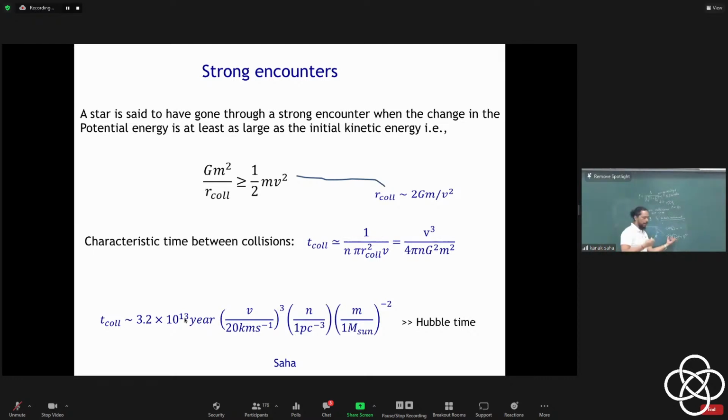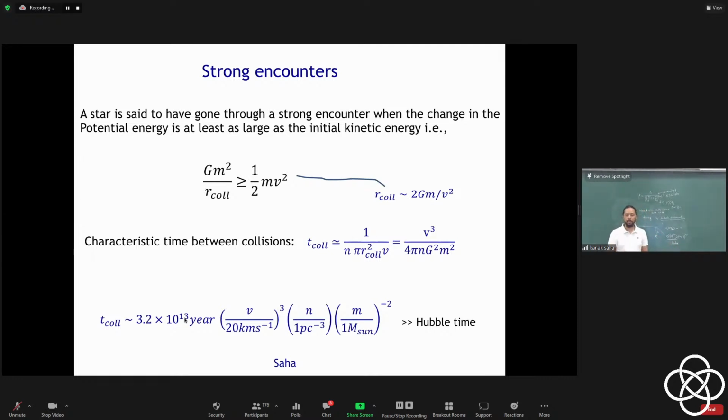So you can basically integrate over time. Now, the time scale over which this happens in a galaxy is called the T relaxation. This is a very important time scale that comes out of this analysis.